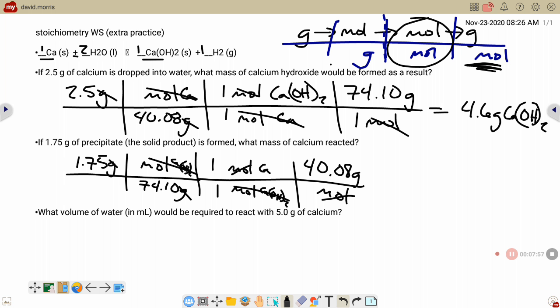Not quite half, maybe somewhere around 0.9. 0.94. And I assume you're saying 0.9466, that rounds up to 0.95? So that's how many grams of calcium would have had to have reacted.